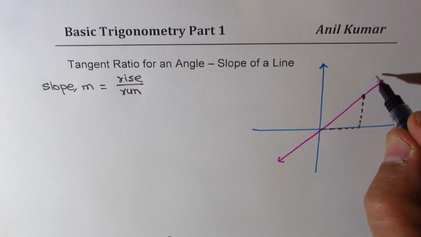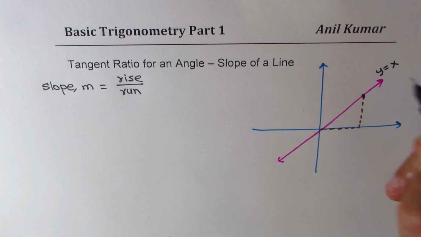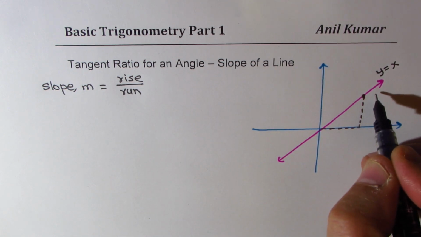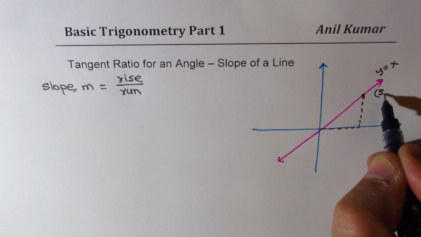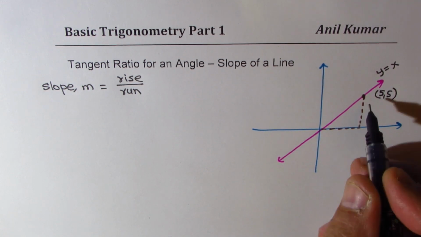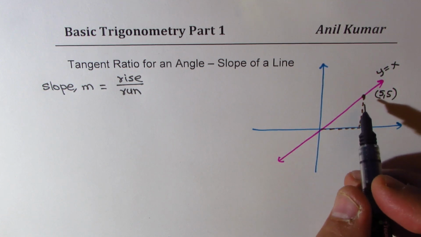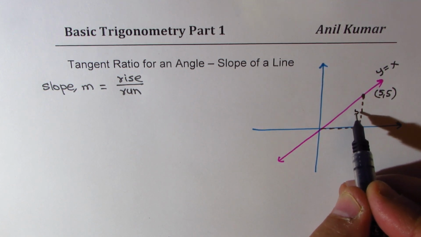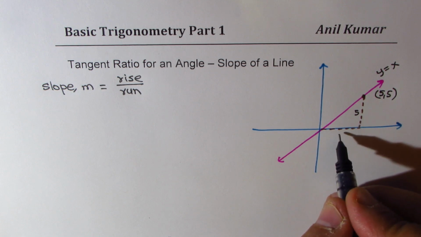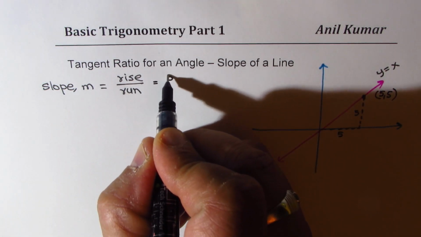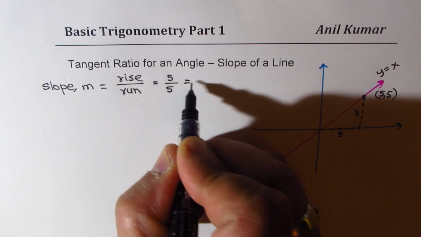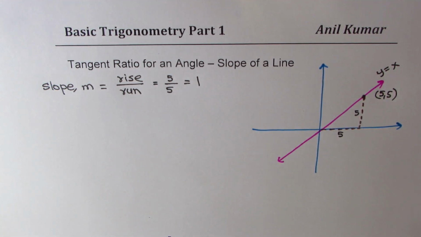Now if I have a line which is y equals x, let us say, in that case any point here will be having same x and y value. So let me consider this point to be 5, 5. So that really means that rise is 5 and the run is also 5. And the slope therefore is 5 over 5, which is 1.